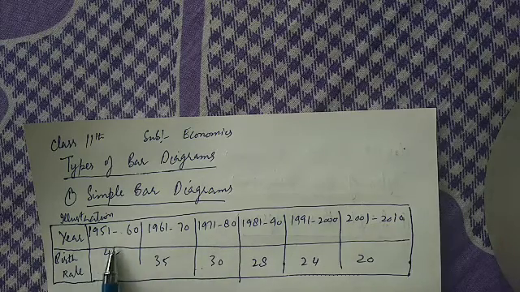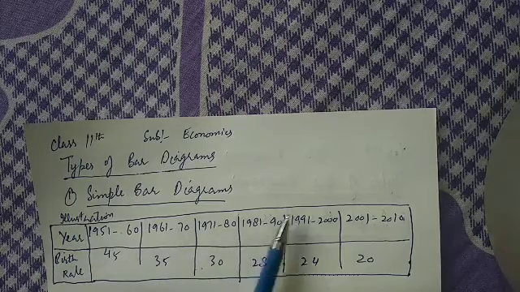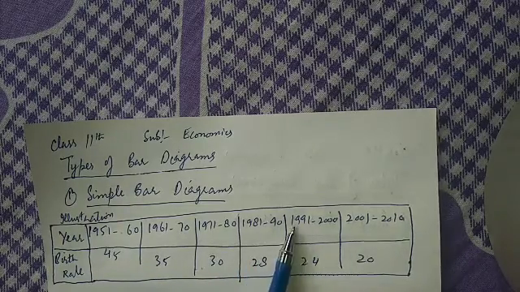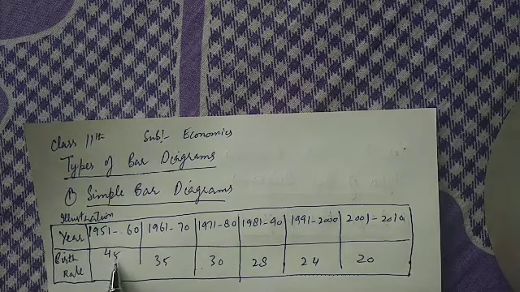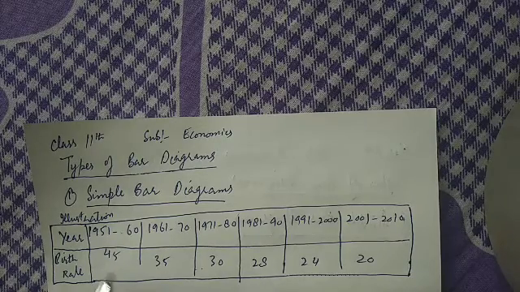See, this is year 1951, 60, 61, 70, 71, 80, 81, 90, 91, 2000, 2001, 2010. And this is the birth rate: 45, 35, 30, 28, 24, 20. Now, I will show you its solution.